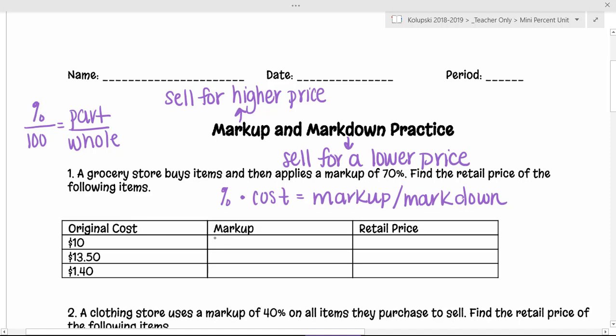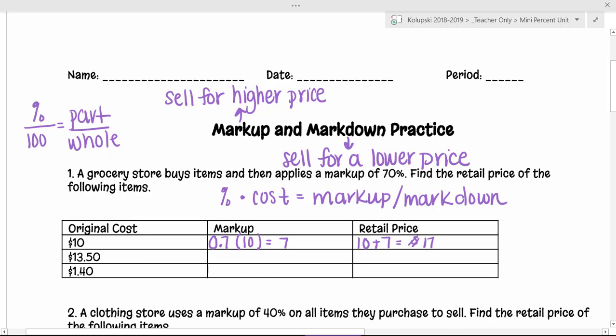So I'm going to take the percent as a decimal and multiply it by the cost. That means the increase amount is $7. So the original cost is going to increase by $7. So the retail price is now $17. So as long as the store sells it for $17, they'll have made a $7 profit.